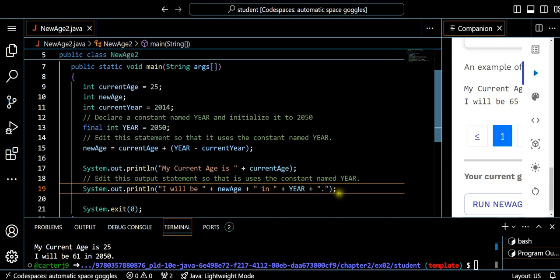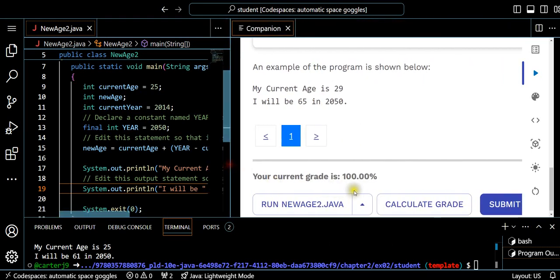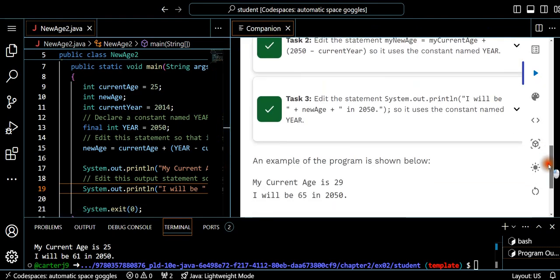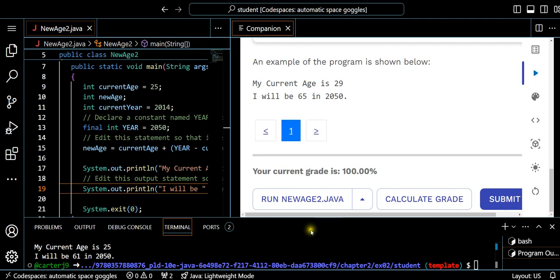And make sure you got your bracket closed and your semicolon. Let's see if we got our 100, and we got our 100%, and all 3 tasks turned green. All right, so that's it for that one. Let's go on to our next one right after this.